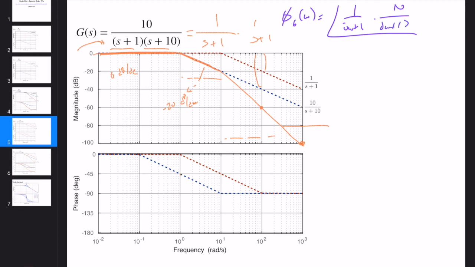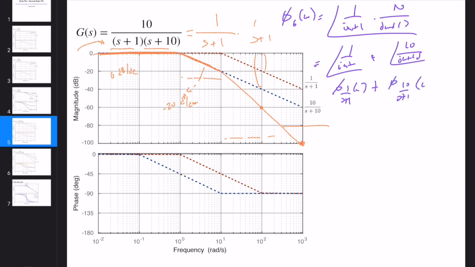Since it's a multiplication, what we do with the phases is we just add them: the phase of 1 over j omega plus 1 plus the phase of 10 divided by j omega plus 10. This is the phase of the first system, and the second one is the phase of the second system.